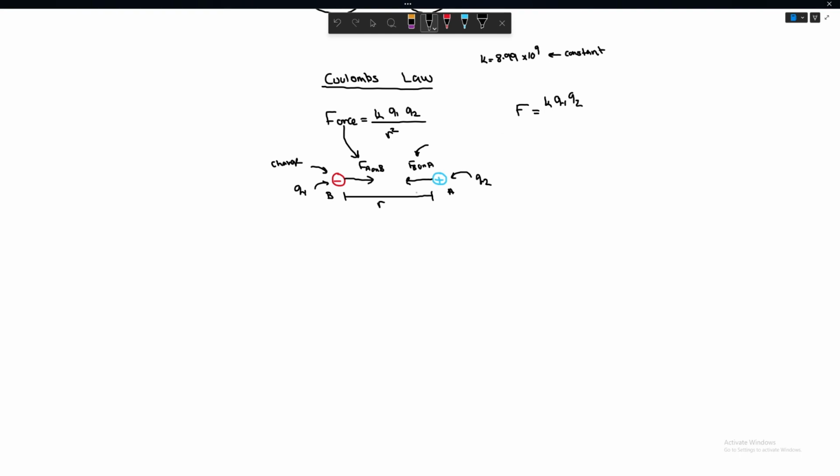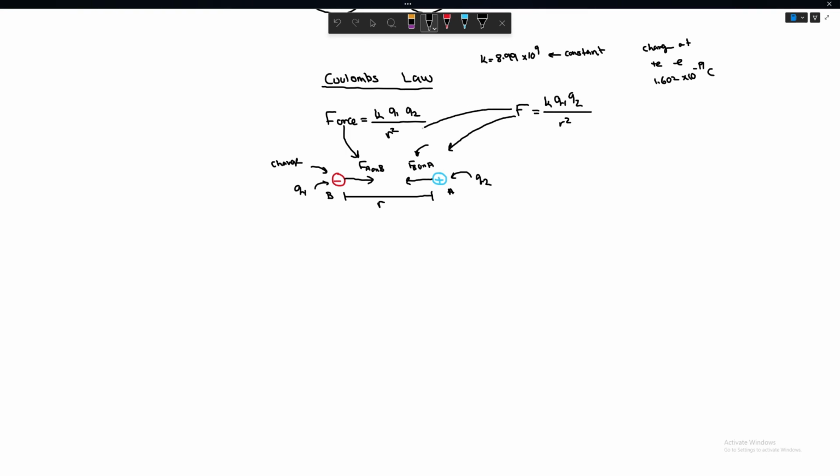So for these problems, usually your Q1 and Q2 is obviously the charge of either your electron or your proton, which is the same for both, times 10 to the negative 19 coulombs, I think. Right? And so divide it all by your R squared. And that's how you find one force.